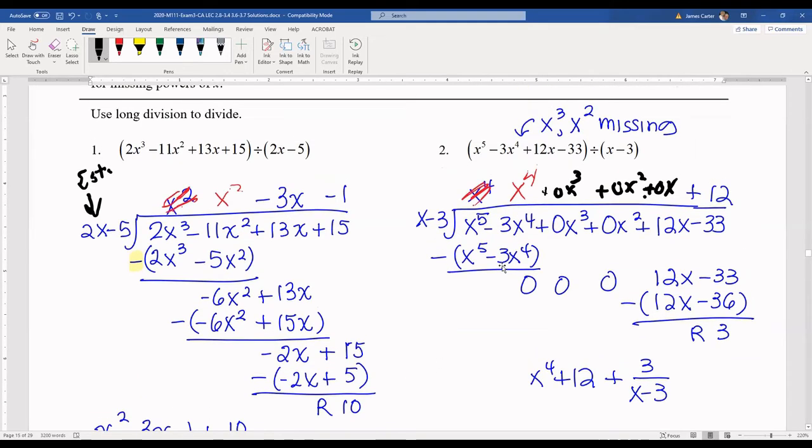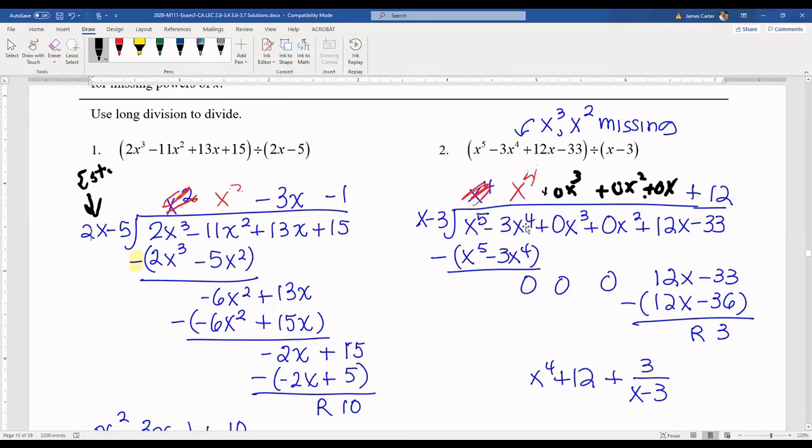Okay, on problem number 2, you notice we have a couple of missing terms. We're missing the x cubed and the x squared, so we have to put in 0 terms to hold those places. Okay, in this case, x to the 4th times x gives us x to the 5th. So we distribute.